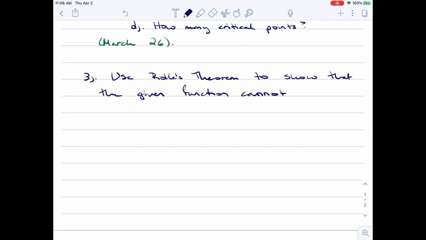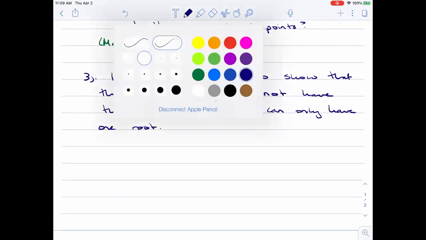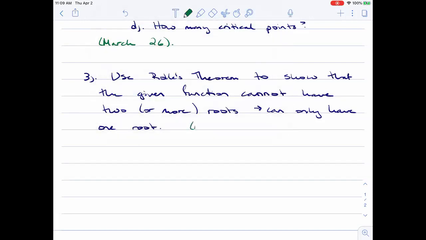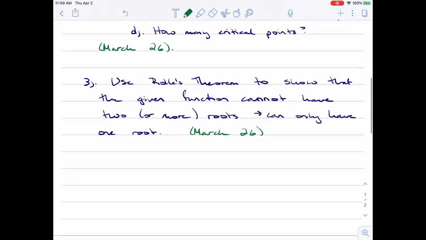So essentially it can only have one root. That was also on March 26th. So not a lot of notes to go through so far.